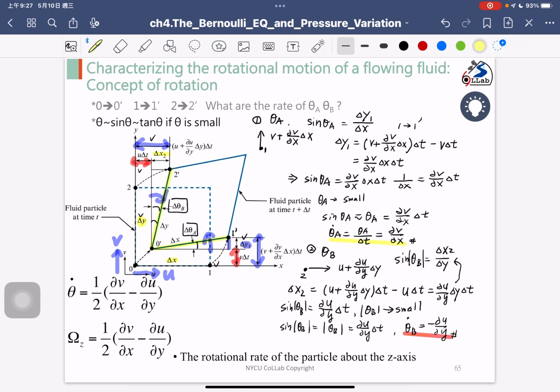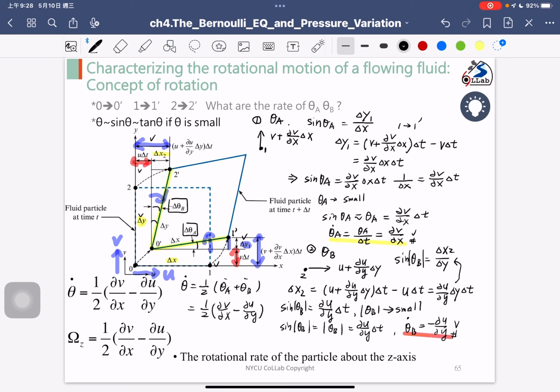Okay, so we can go back to the definition. The previous slide tells us the theta rate equals one half of the theta A rate plus the theta B rate. So we just put theta A rate and theta B rate here. We can rewrite the equation with theta A rate as dv dx, and theta B rate as minus du dy.